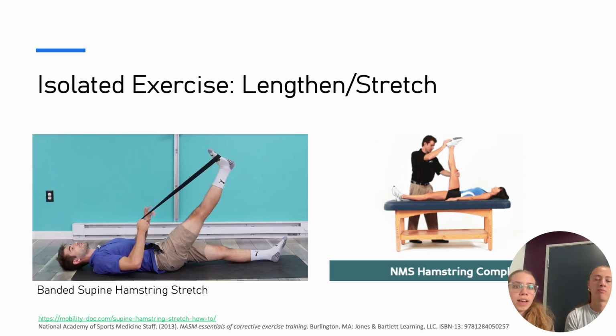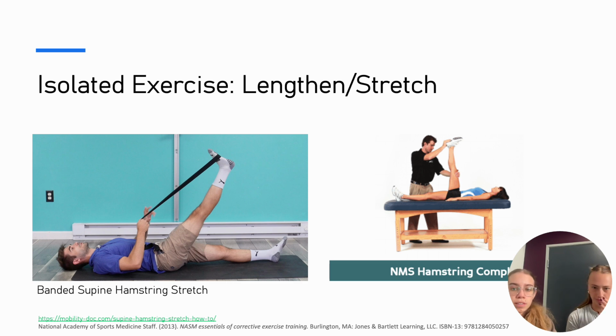Some isolated exercises to lengthen or stretch the semitendinosus: you could do a banded supine hamstring stretch, which is done on your back using a band around your foot to lift up your leg and keeping it straight until you feel a stretch in the back of your thigh. You just use the band to help you control the stretch and go a little farther without forcing anything.